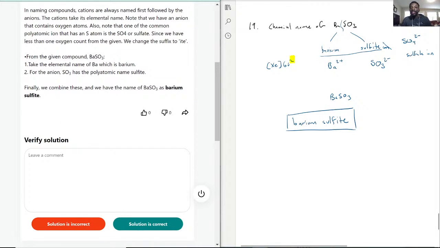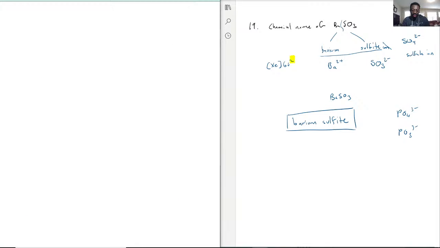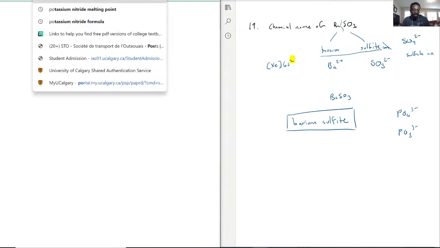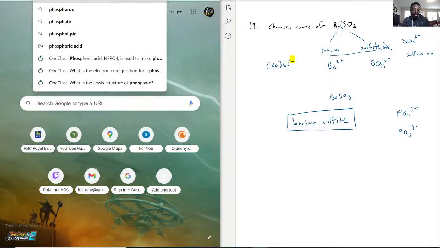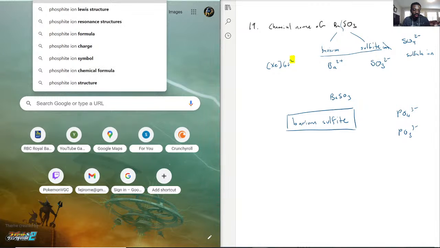It's always best to memorize the ates first, because once you get comfortable with the ates, the ite is just one less oxygen. Like if you had phosphate ion, phosphate is PO4 3 minus. Phosphite is PO3 3 minus, if I remember correctly. Let me see.